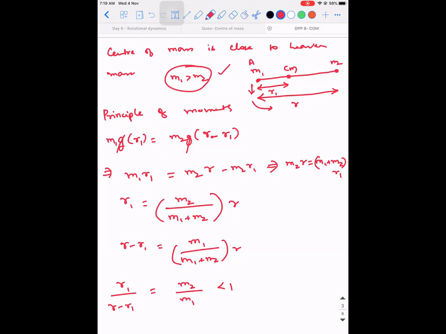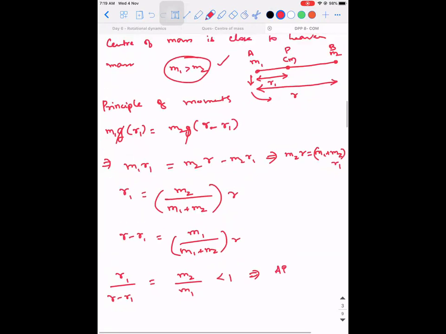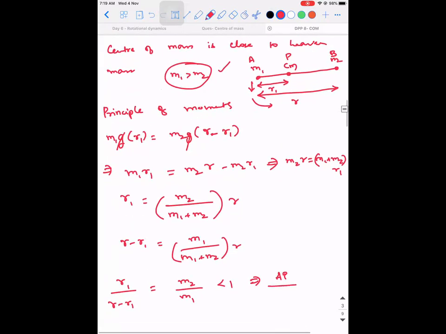So if I take this as A, P and this as P, B, R1 is nothing but AP, and R minus R1 is nothing but BP. The ratio is less than 1, which implies AP is less than BP. From this we can conclude that the center of mass is always closer to the particle with heavier mass.